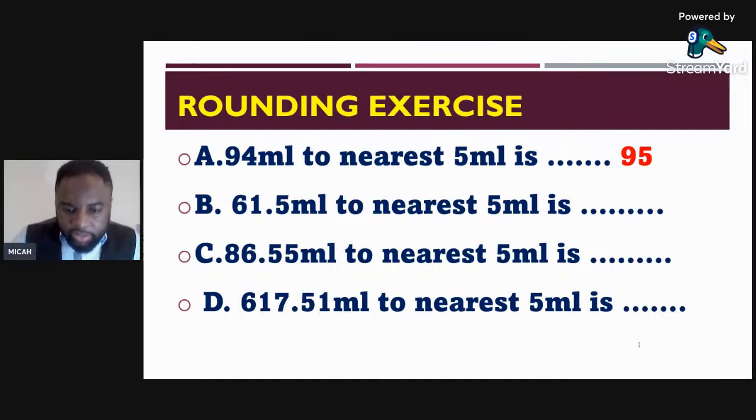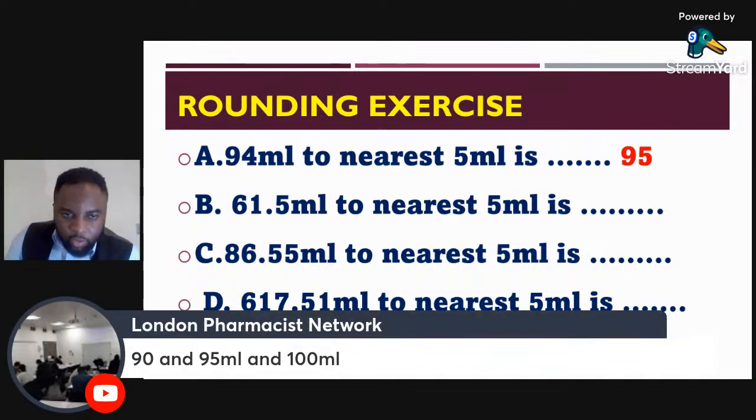I think it'll be a lot clearer this way. So we have 90, 95, 100, 105, 110, 115, 120. These are multiples of 5. And your number is 94.